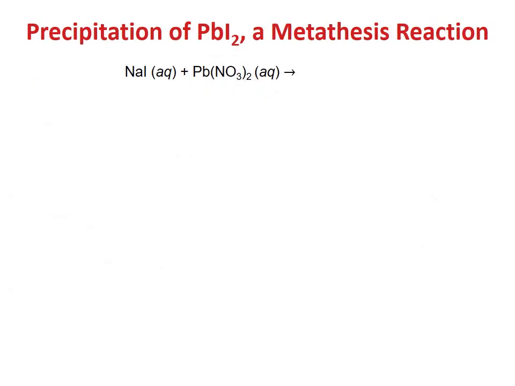Let's look at an example. Suppose we mix 2 solutions of sodium iodide and lead nitrate. Will there be a precipitation reaction? Well, first we need to identify all the possible ions in the solution. Now we know from solubility rule number 1, group 1 metal cation salts are all soluble.